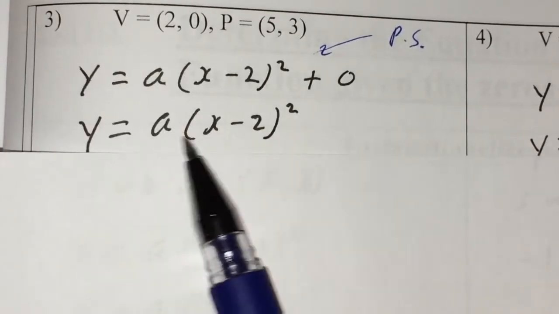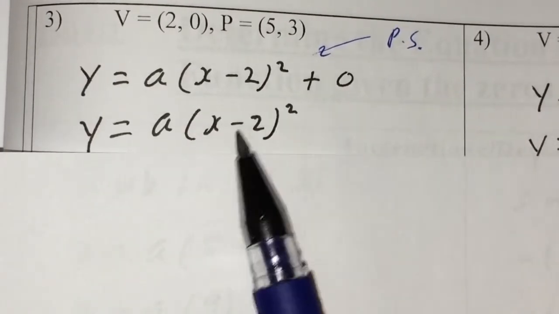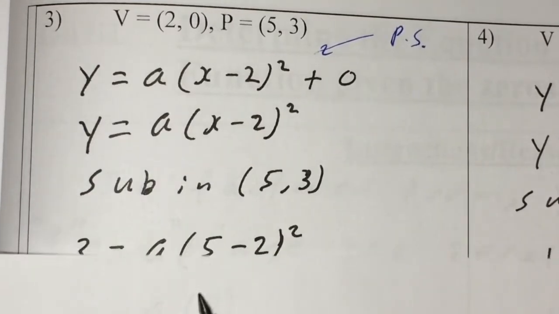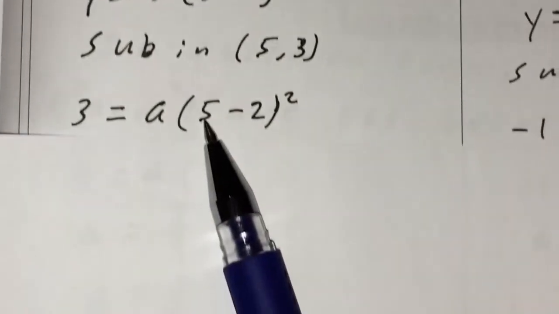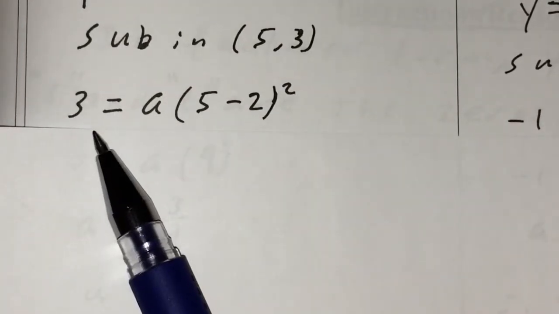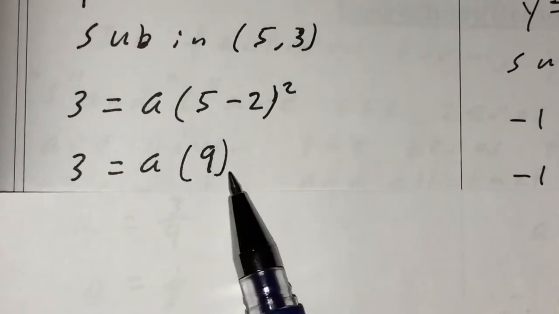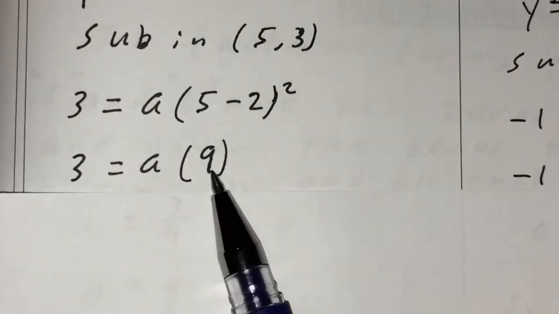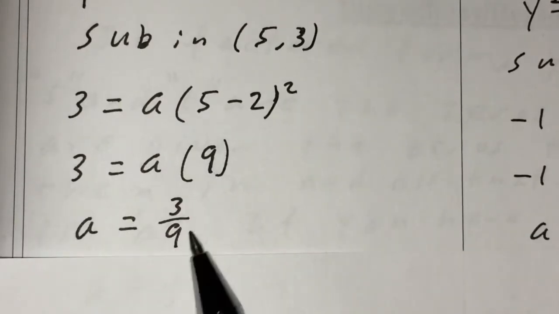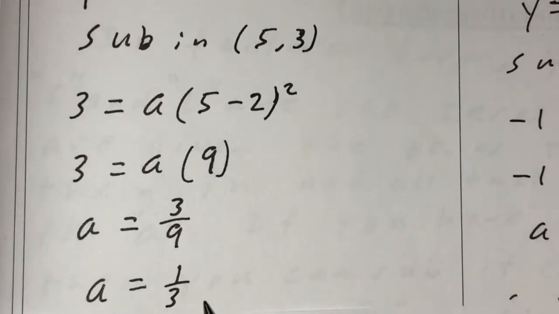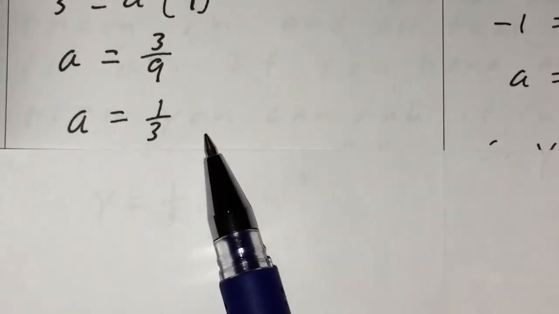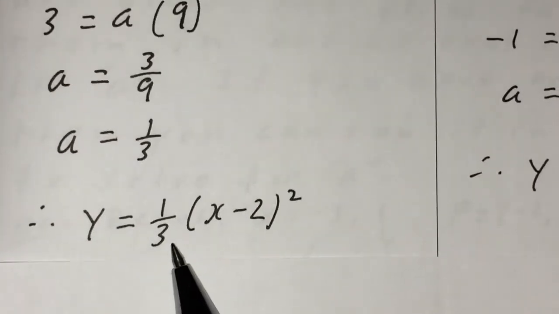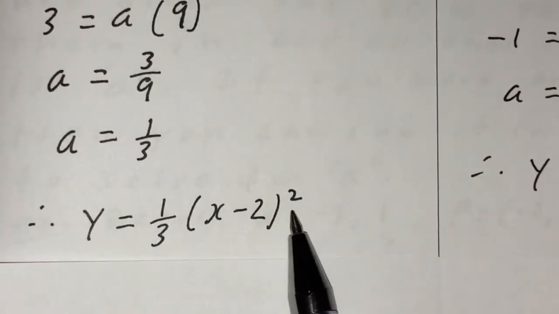So y equals a times (x minus 2) squared, and you can sub in the point (5, 3), 5 for x and 3 for y, and then solve for a. 5 minus 2 is 3, 3 squared is 9. So a equals 3 over 9, which is 1 over 3. Always simplify your fractions. Sub that in and we've got y equals 1/3 times (x minus 2) all squared.